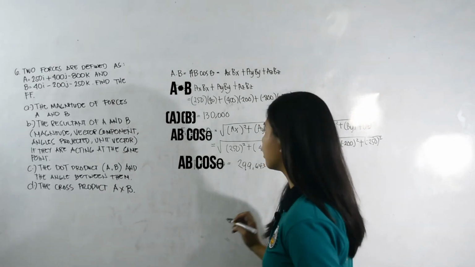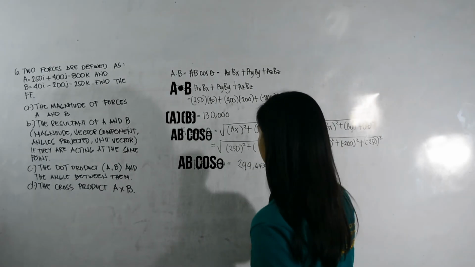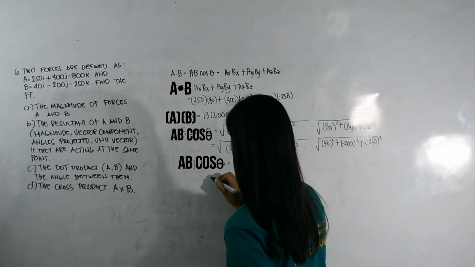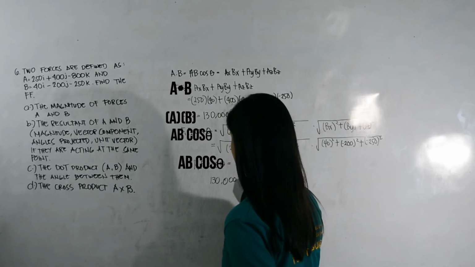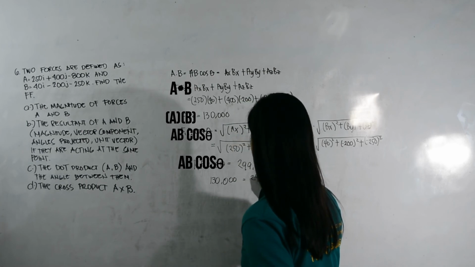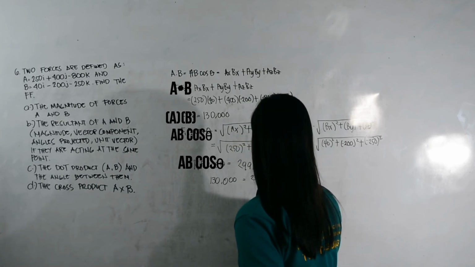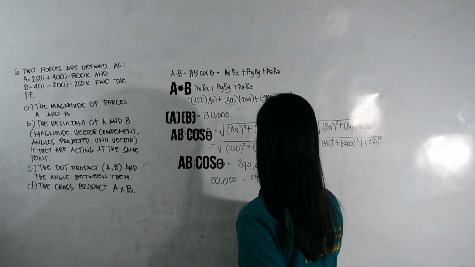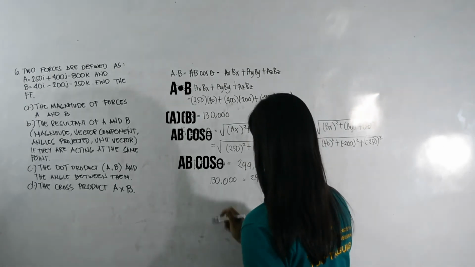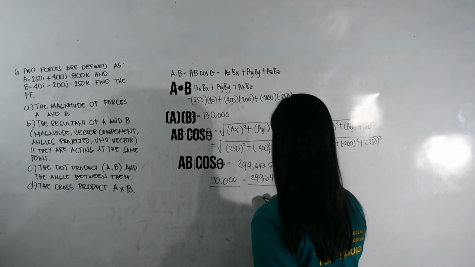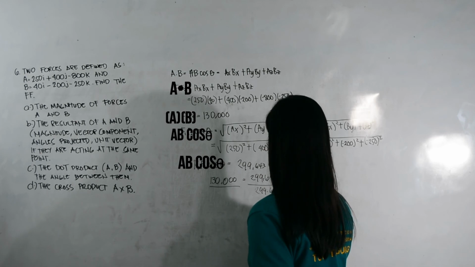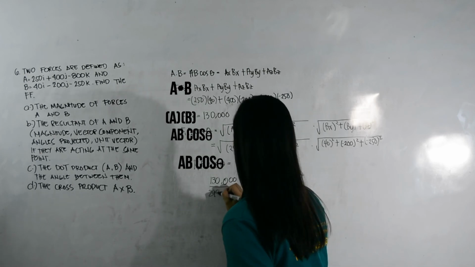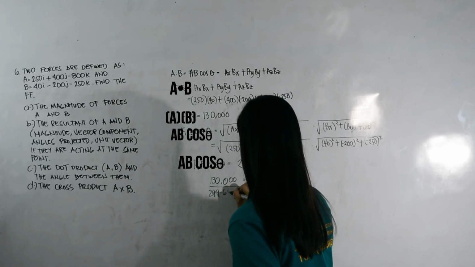And now, we will just simply equate the following. That will be 130,000 is equal to 299,643.5 cosine theta. So, just divide both sides by 299,643.5. And now we get our theta.